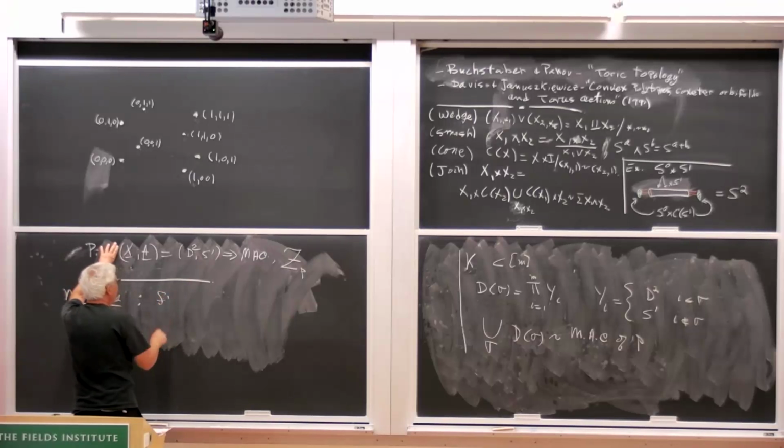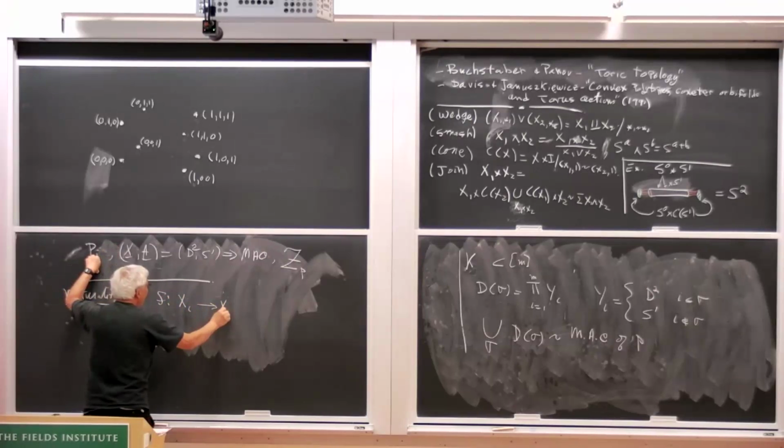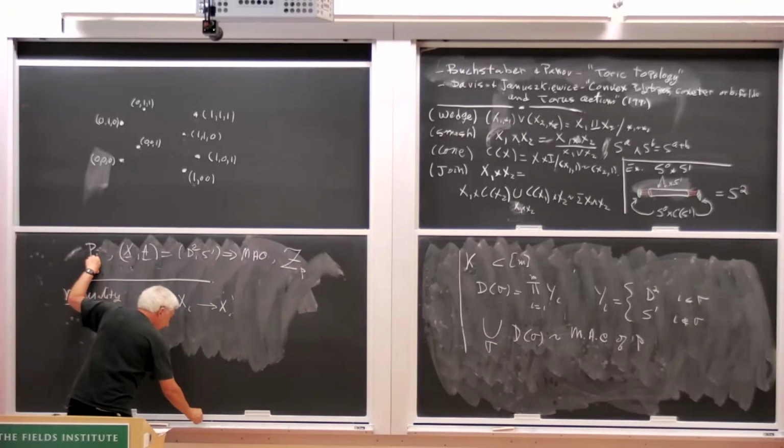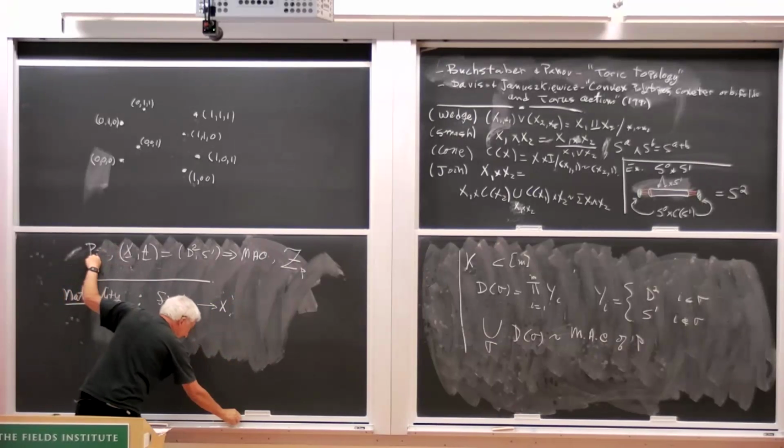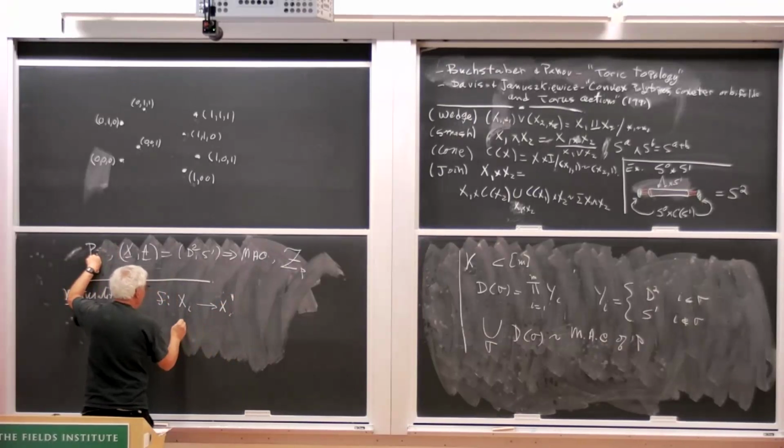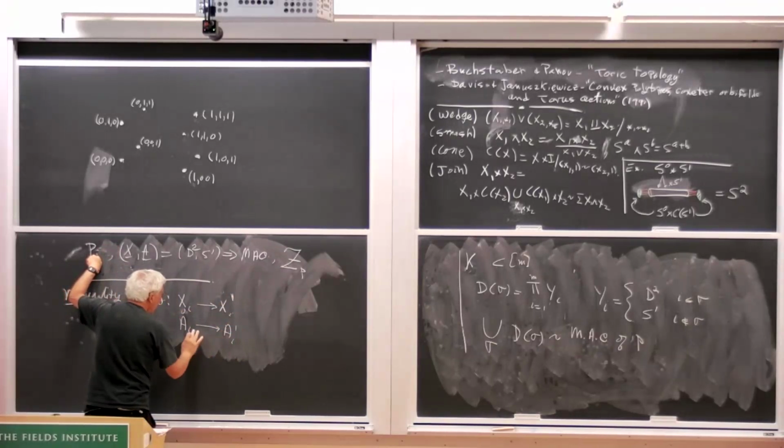If I have a function which is a function of pairs, namely each xi maps to an xi prime, such that ai, which is contained in here, gets mapped to ai prime.